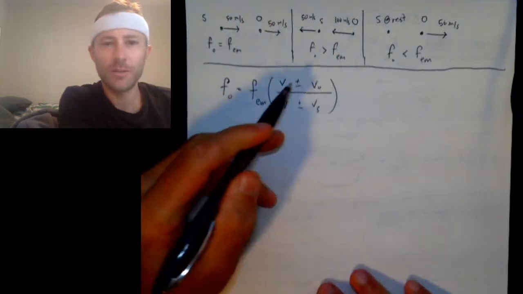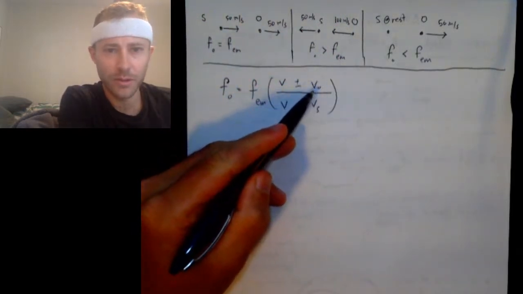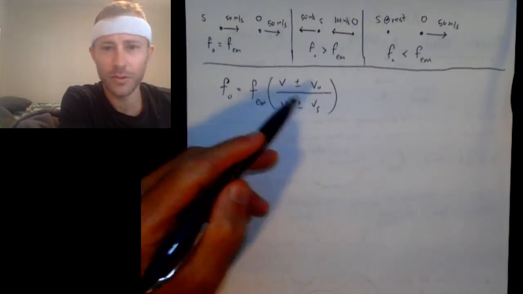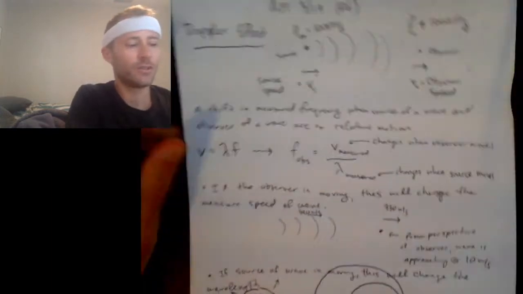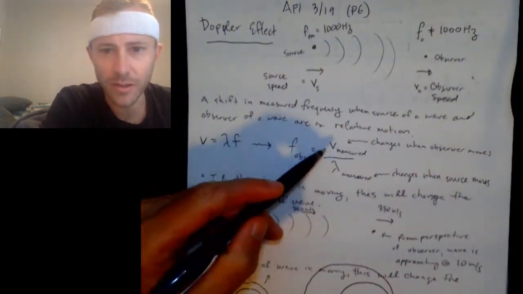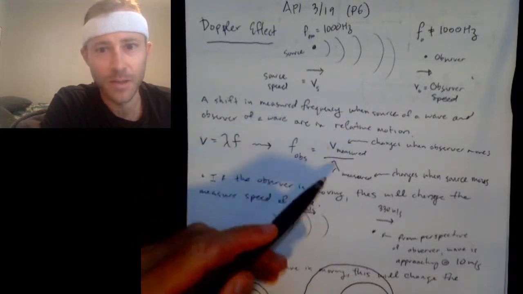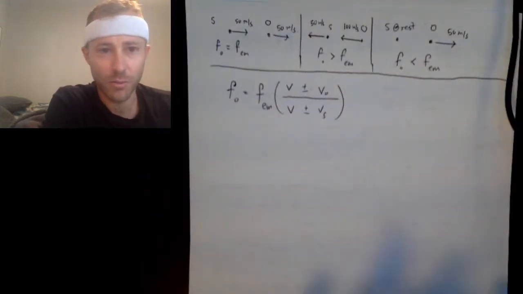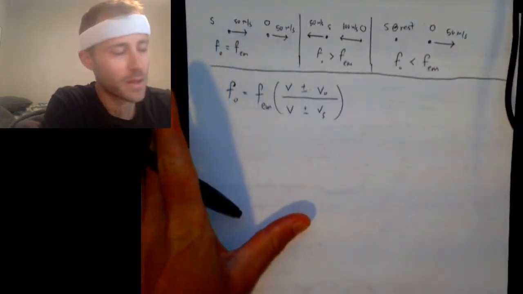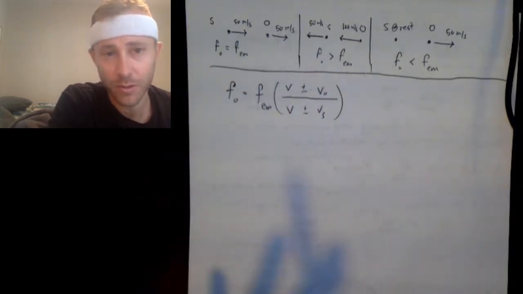Notice how the observer appears in the numerator and the source appears in the denominator. That is because of the equation I mentioned earlier, where the observer changes the speed, which is in the numerator, and the source changes the wavelength, which is in the denominator. I'm not going to derive why this equation is true, but that's why the source appears in the denominator and the observer appears in the numerator.